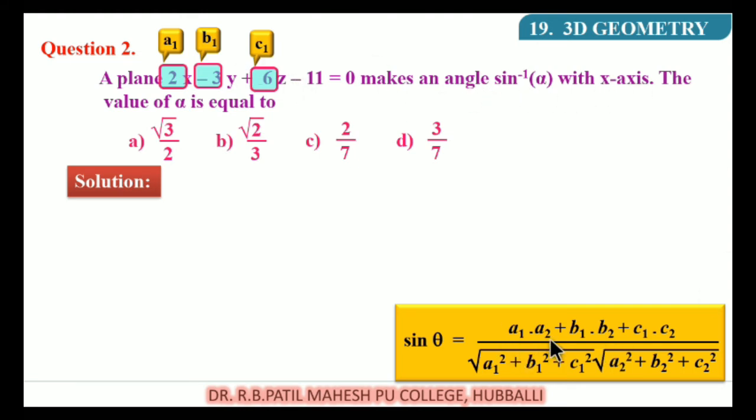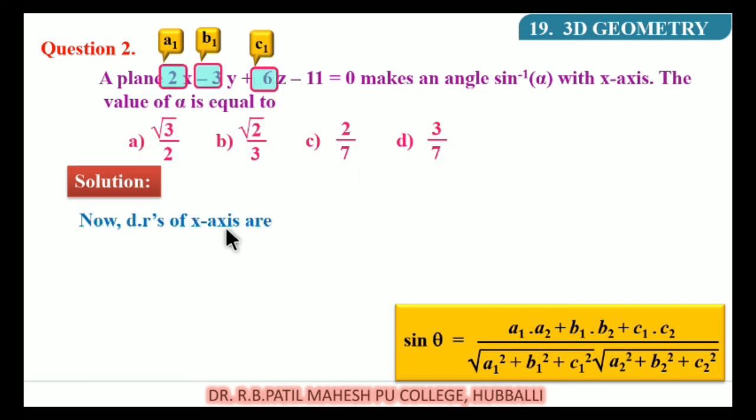So we can write it as a1 a2 plus b1 b2 plus c1 c2 divided by square root of a1 square plus b1 square plus c1 square into square root of a2 square plus b2 square plus c2 square. So a1 value is 2, b1 value is minus 3 and c1 value is 6.